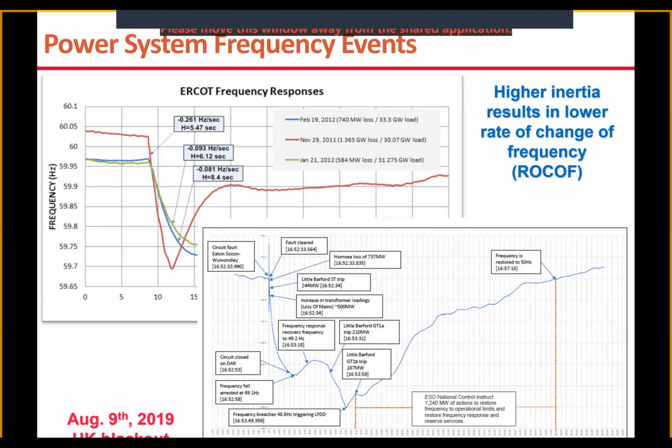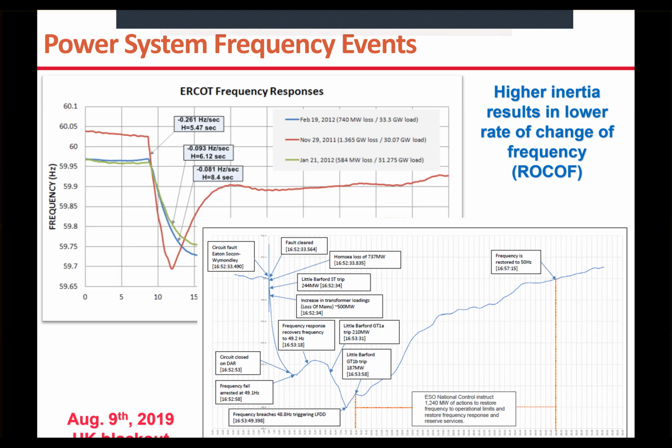Sorry, another 244 megawatts at Little Barford station tripped. That made the situation even worse, okay? So that's why we see a lot of frequency drop, very steep, and also the frequency nadir is very low.